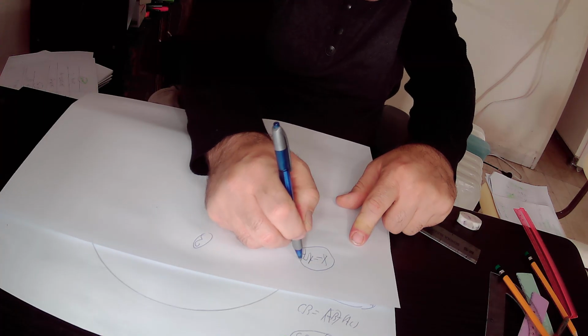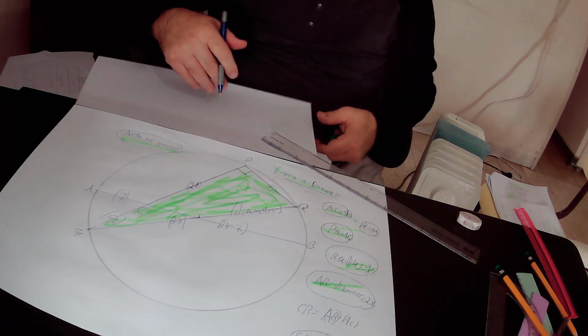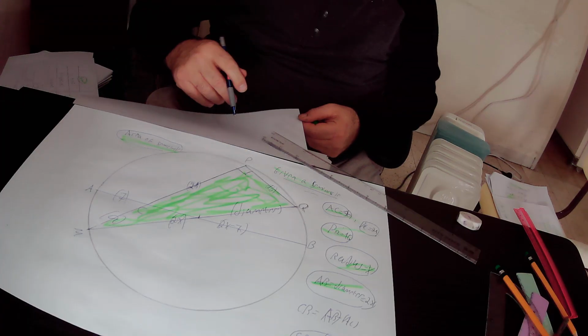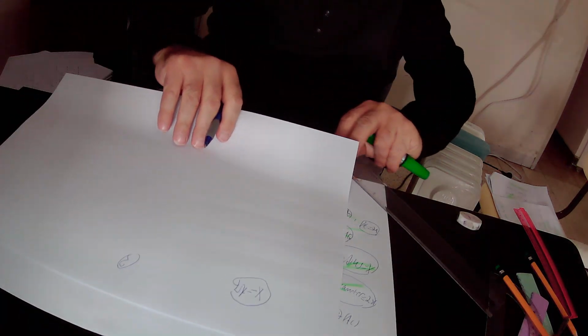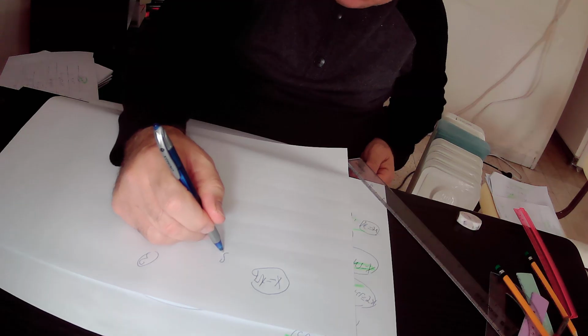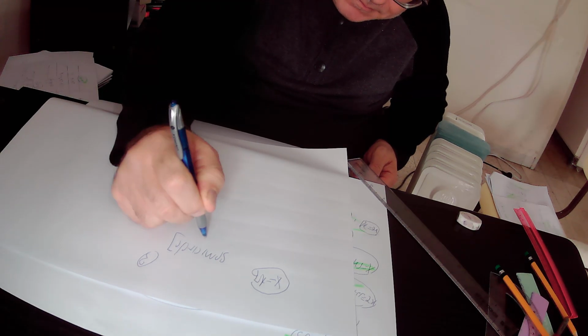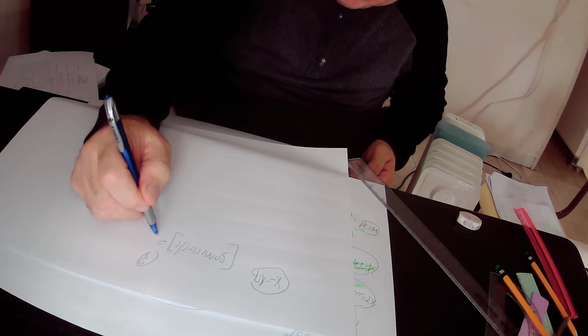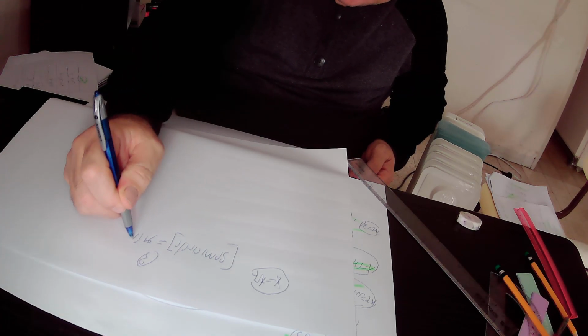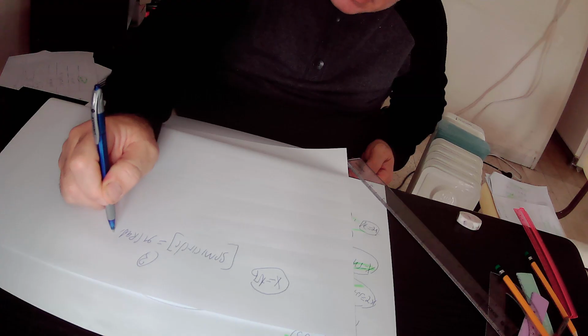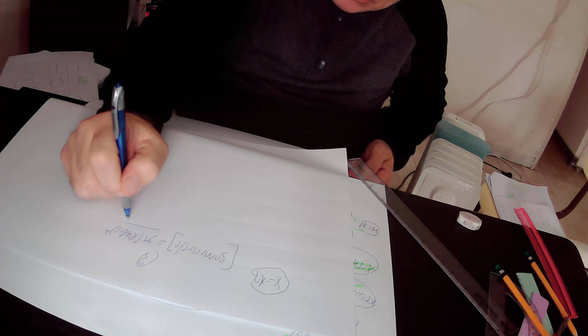And our task is to find the area of this semicircle APQB. Here we know that the area of any semicircle equals pi times the radius squared over 2.